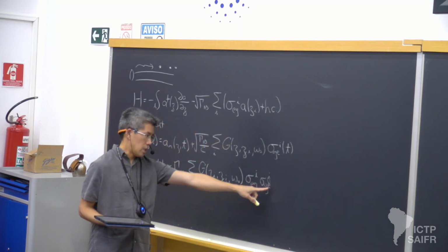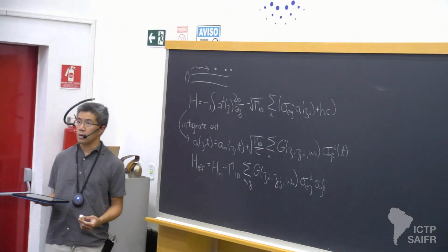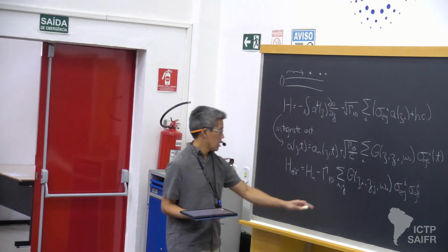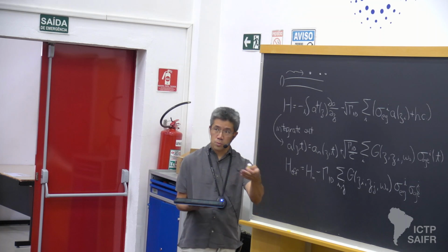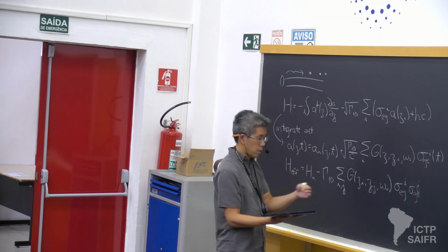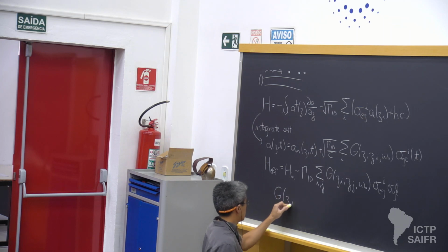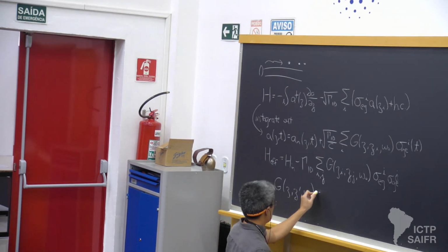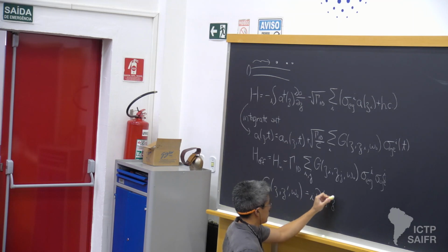Where atom j can go from the excited state to the ground state, atom i will go from the ground to the excited state. Physically, that's due to the emission of a photon and reabsorption. And then this Green's function here just describes how a field propagates from one atom or one point to another. So in the chiral waveguide, this was proportional to a step function, right?